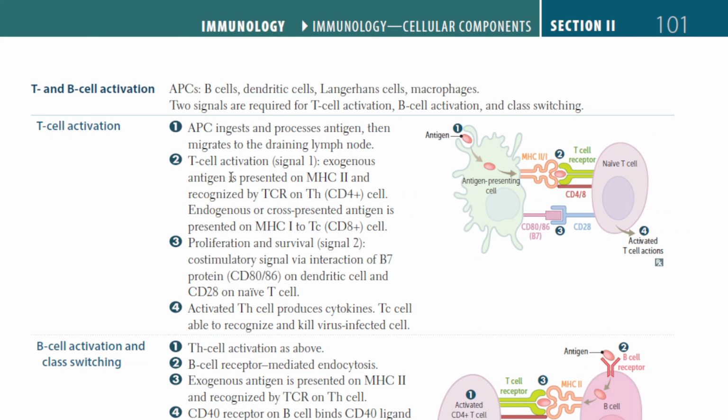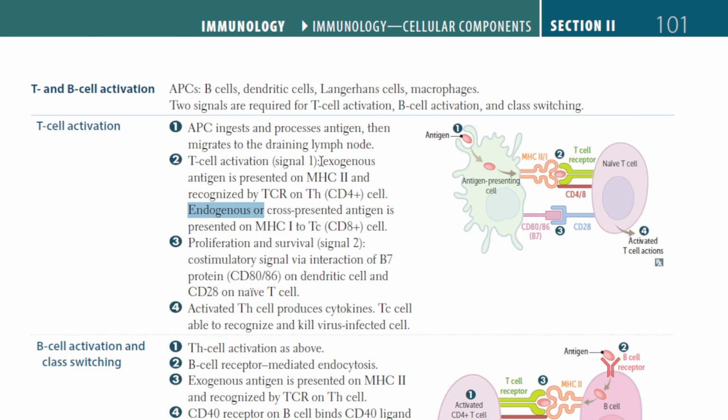Exogenous antigen is presented on MHC2 and recognized by the TCR, the T cell receptor, on Th cells. This happens with exogenous antigen, because endogenous antigen is presented on MHC1.